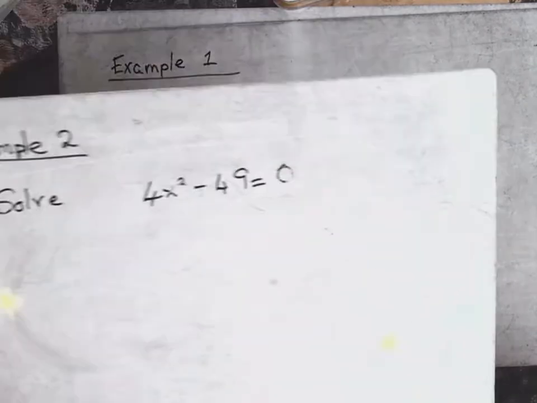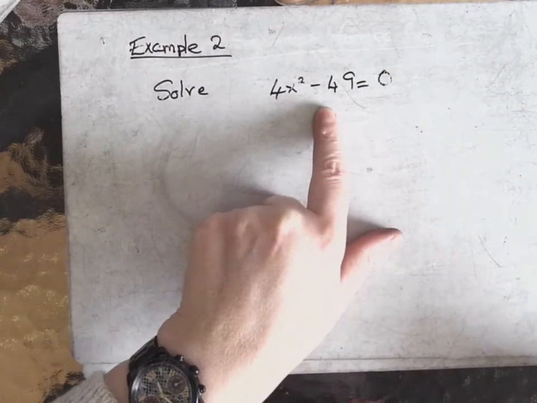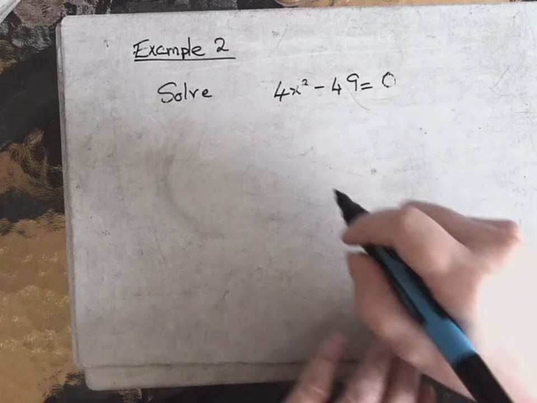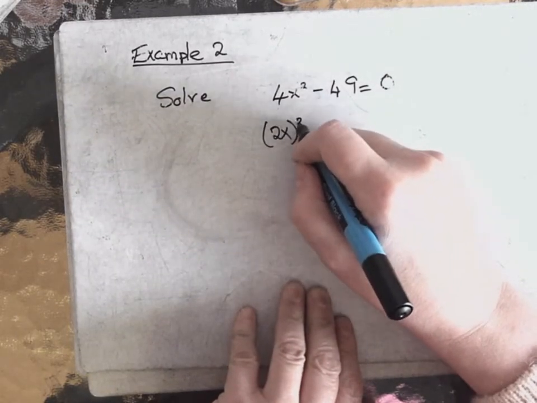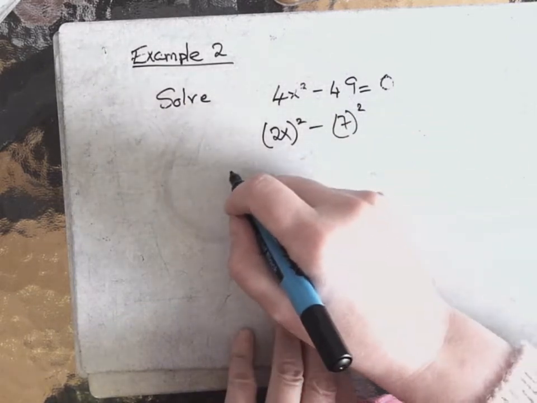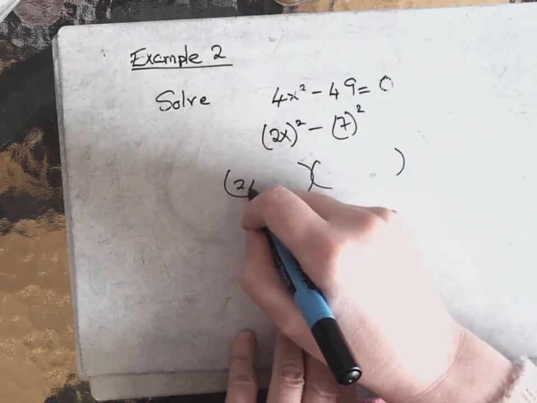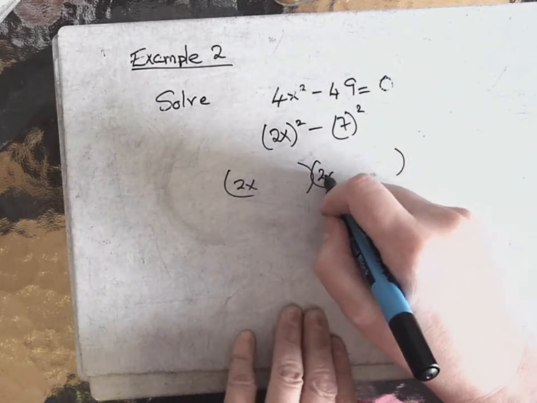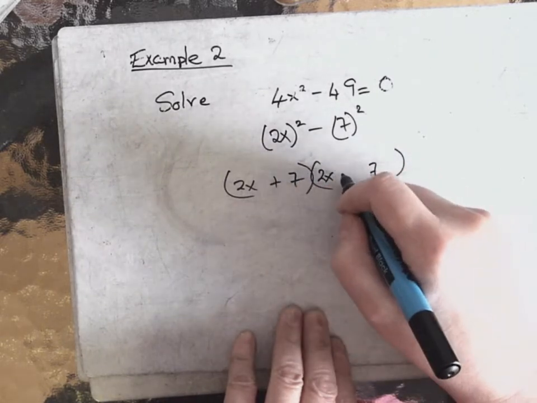Example 2 is also solving with factors. So you look at this and you say, well, how do I factorize this? This is the difference of 2 squares, guys. So that's 2x all to be squared, take away 7 all to be squared. So in chapter 2 we learned how to factorize that, and it was a 2x and a 2x, a 7 and a 7, and a plus and a minus.